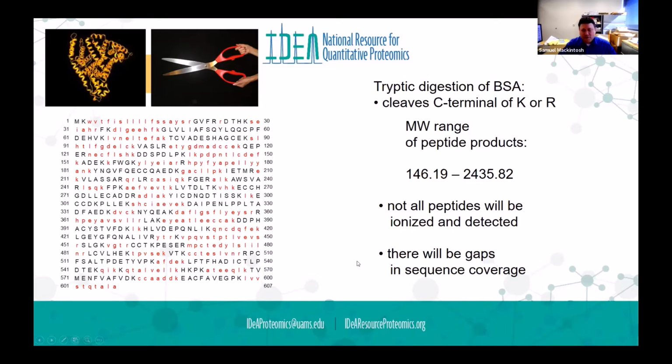This is almost universally true of proteomic analysis. You don't get perfect data. It's not like Edman sequencing, where you start at the beginning of the protein and sequence all the way through. The reason it's called shotgun proteomics is because it's hit or miss in that way.